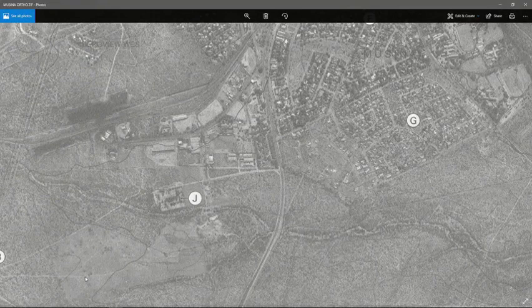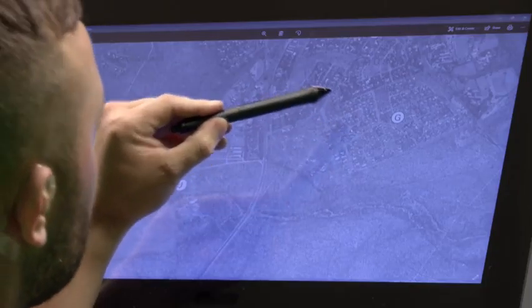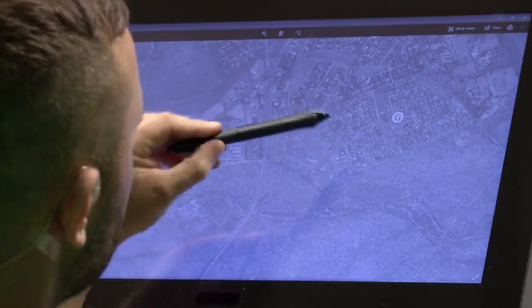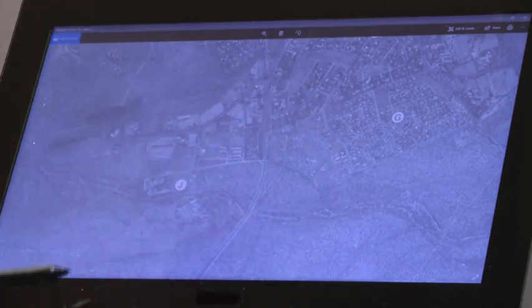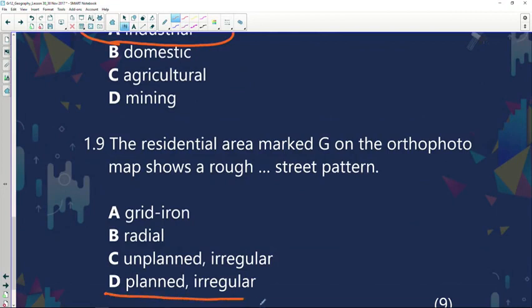So the correct answer will be, it's definitely planned, because you can see the stand sizes and there's a lot of vegetation around it and recreation areas. So it's planned irregular. Let's see if they give us the option. Yes, they do. D will be the correct answer. Okay, so that's our multiple choice questions.